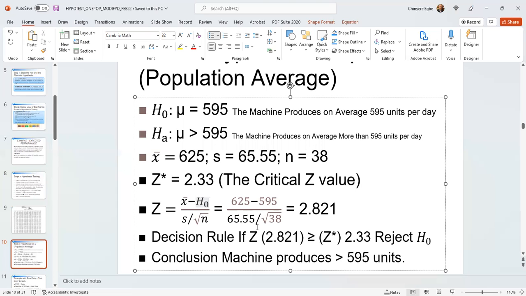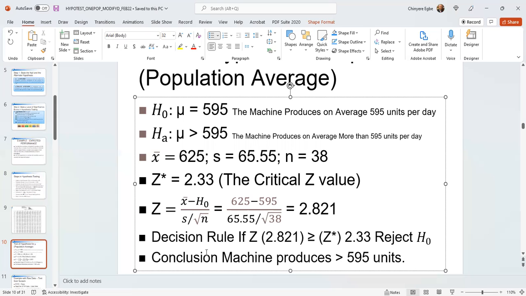And so 625 minus 595 divided by 65.5 over the square root of 38. So you do this calculation separately, okay? And what you get is 2.821, all right? If you have your calculator there, try to verify what I just got there.